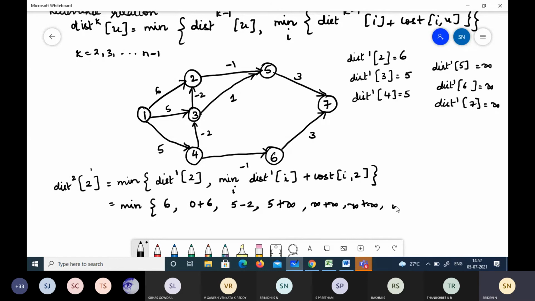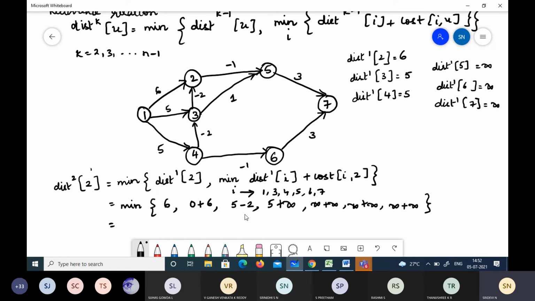Again 1 to 7 is infinity, plus the cost from 7 to 2, we cannot find right now. Did you see how we varied I? I in this case is varied with the values 1, 3, 4, 5, 6, 7, leaving 2, because 2 is the target. So we have varied I and noted down the cost.